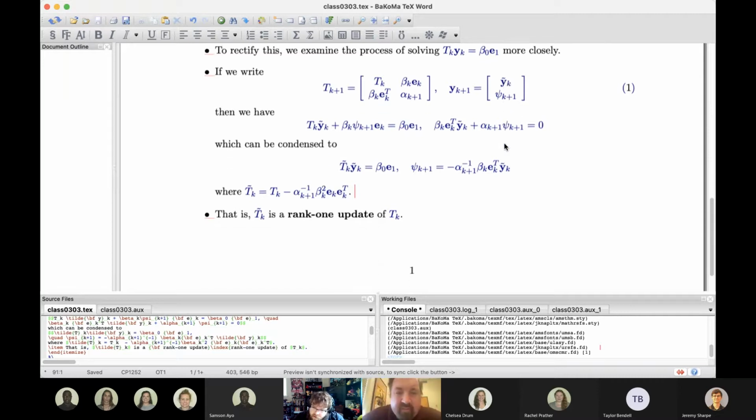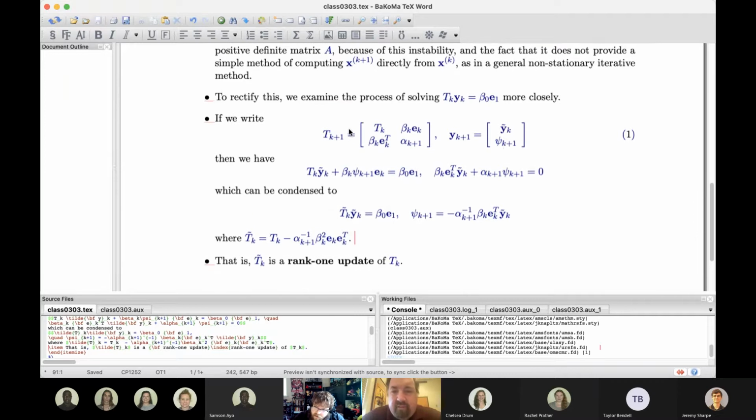All right. Now that I've broken down a system like this, this is a very helpful thing to do when you have an iteration going and you're solving systems of this kind of structure. What I do is I carry out matrix vector multiplication, because here's my matrix, here's my solution, and then this is supposed to be equal to beta naught e1, which is the right-hand side for this system.